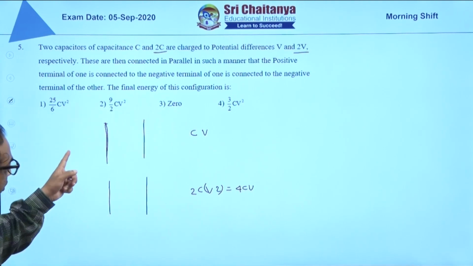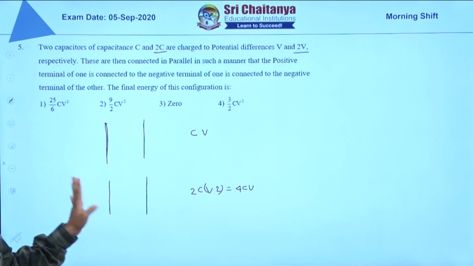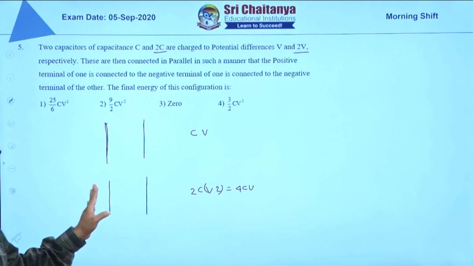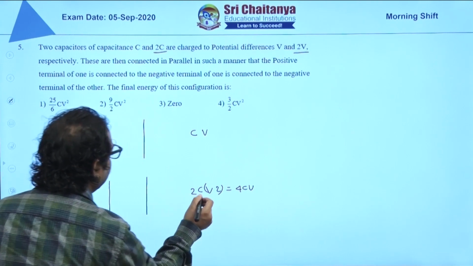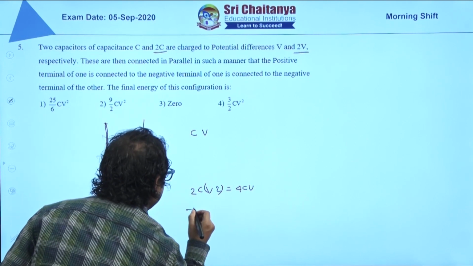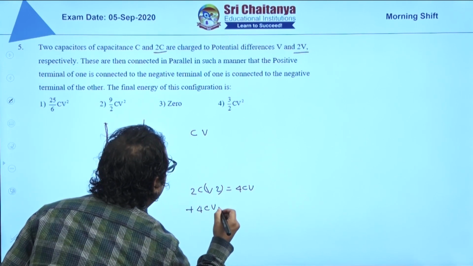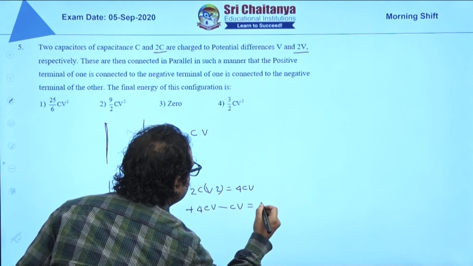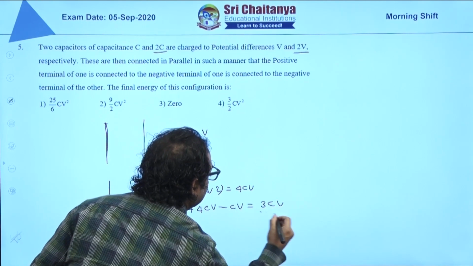But here one positive terminal and one negative terminal are connected. So, basically what is the net charge? We will get plus 4CV minus CV. So, we are getting 3CV. This is the net charge of the system.